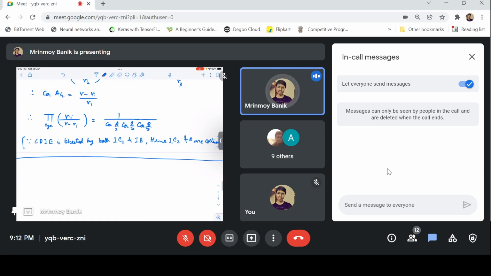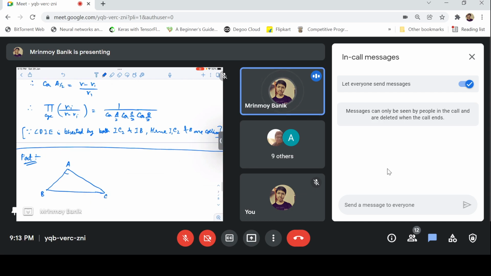Just a fact, I don't know if you know that. For any triangle ABC, if this is an obtuse angle triangle, then the orthocenter will lie somewhere outside.